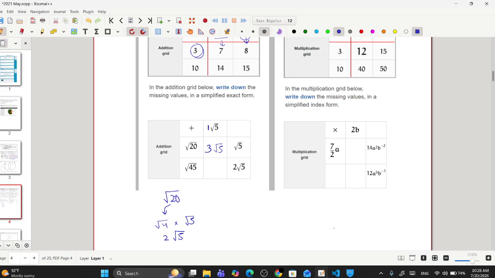Alright? And just like that, we have under root 45 plus under root of 5. So let's do it.